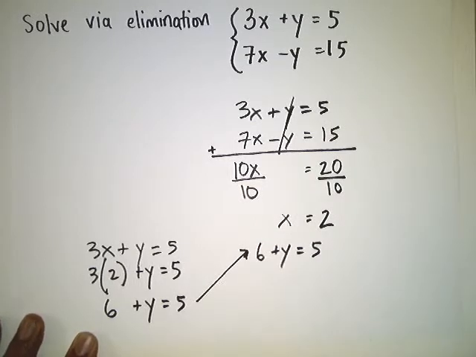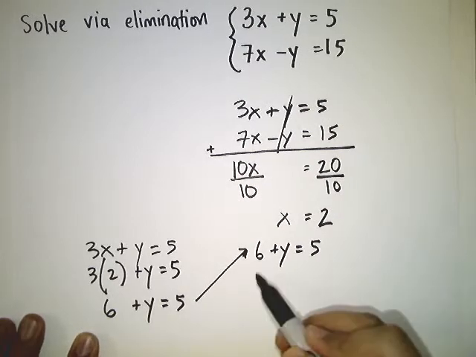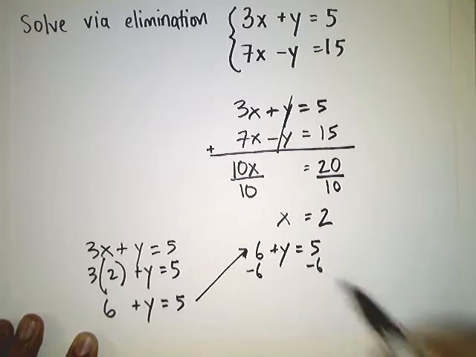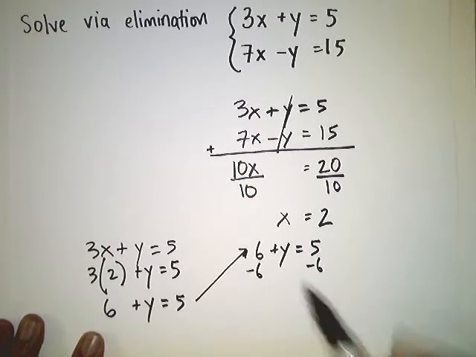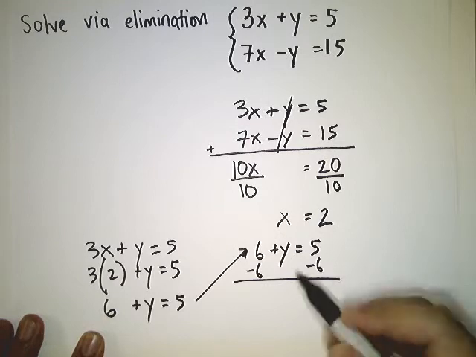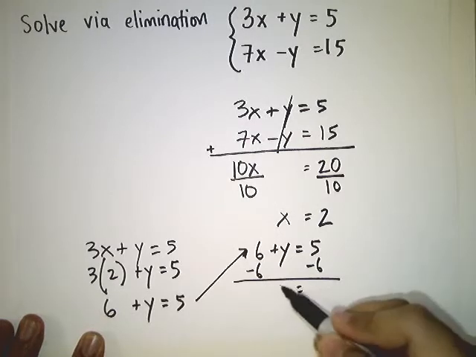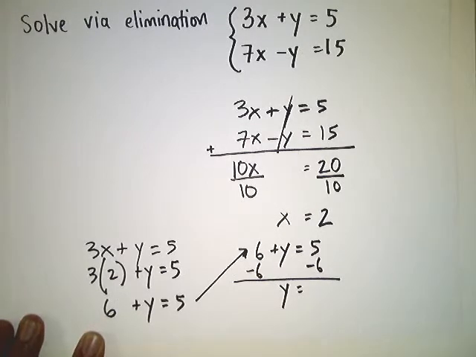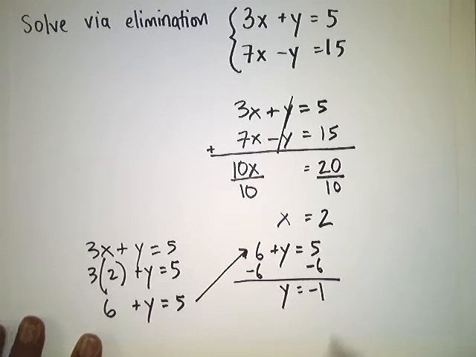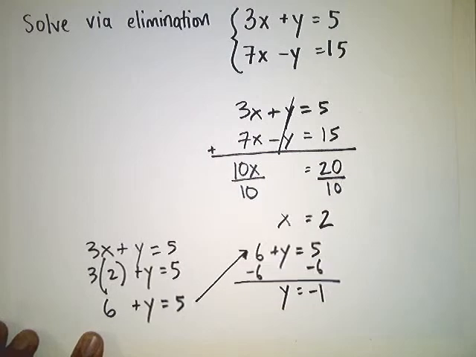Now to get this y alone, we have to deal with that 6. That means subtracting 6 from both sides. What we're left with on the left-hand side is y, and on the right-hand side, 5 minus 6 is negative 1. So we ended up with x equals 2 and y equals negative 1.